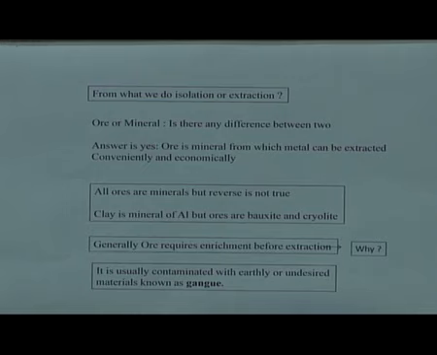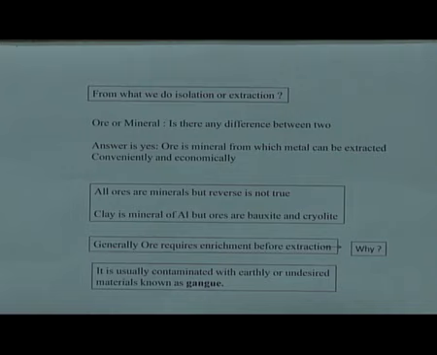Now, in what form is metal present in the earth crust? It is present in several chemical forms, and can all these forms be used for extraction or not? The answer is no. Only some of the forms available in the earth crust can be used for extraction of the metals.